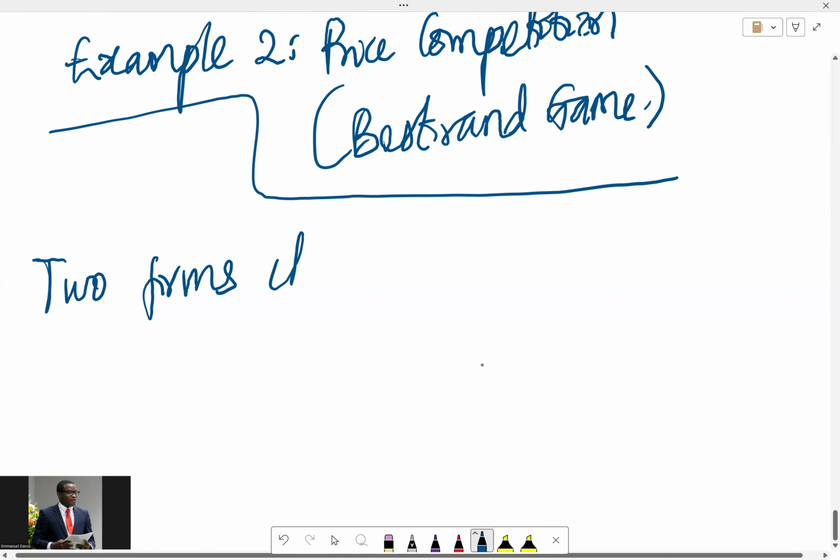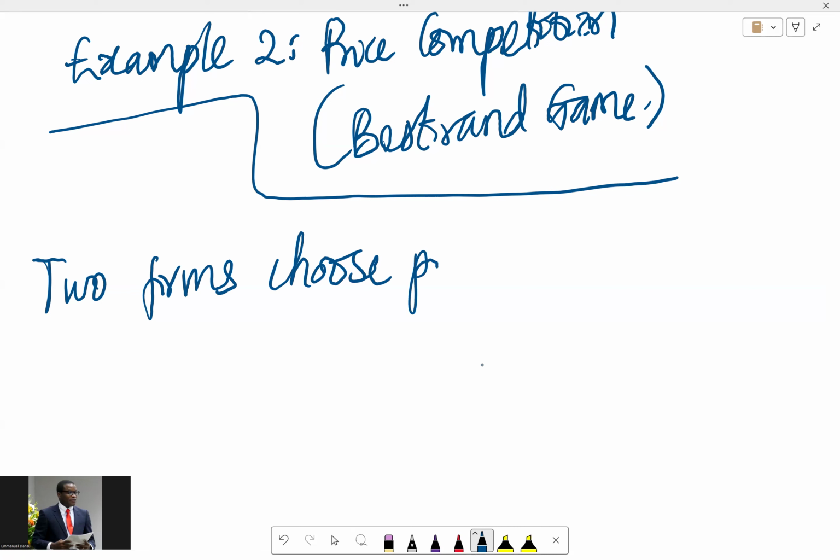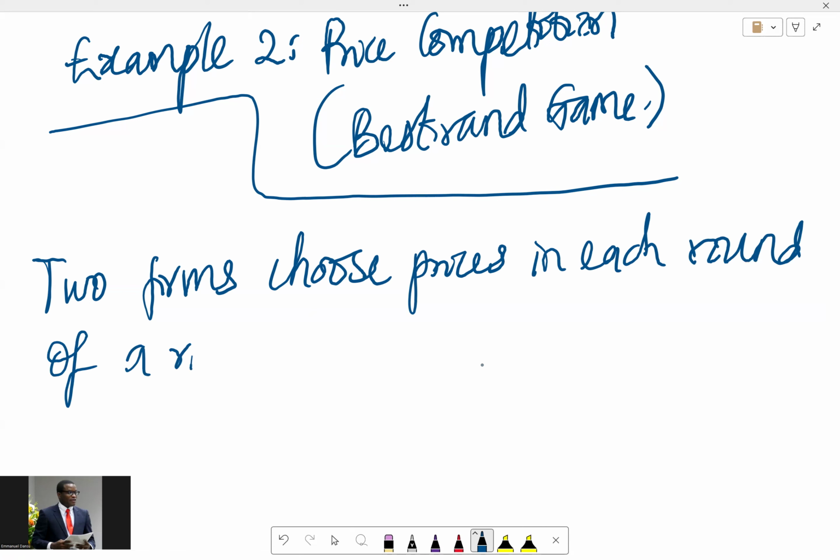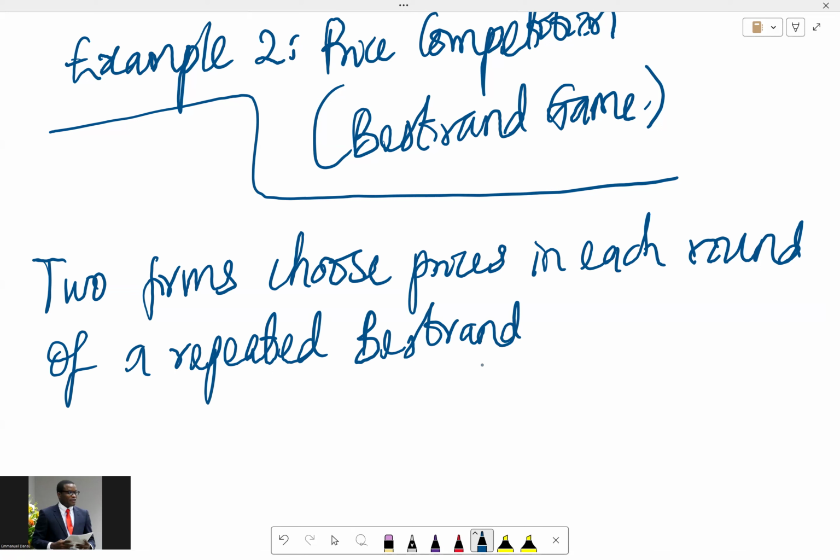Two firms choose prices in each round of a repeated Bertrand competition. So they are competing over price, right? It's more like you're haggling prices.